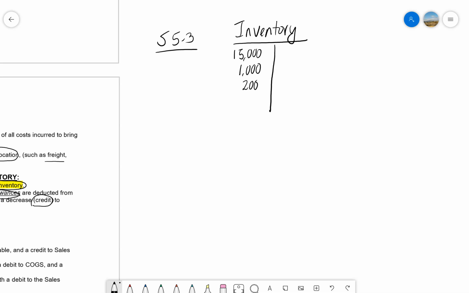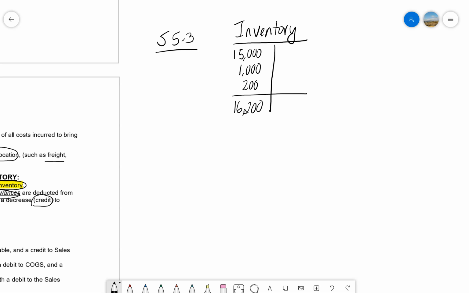The fine was actually not required. That was basically a mistake that the company made. They should not have been there. So that was not a required amount to bring the inventory to the point of sale. So the fines would be an expense amount. And so in the inventory cost, we would just have these three amounts. So the total cost of the inventory would be $16,200.